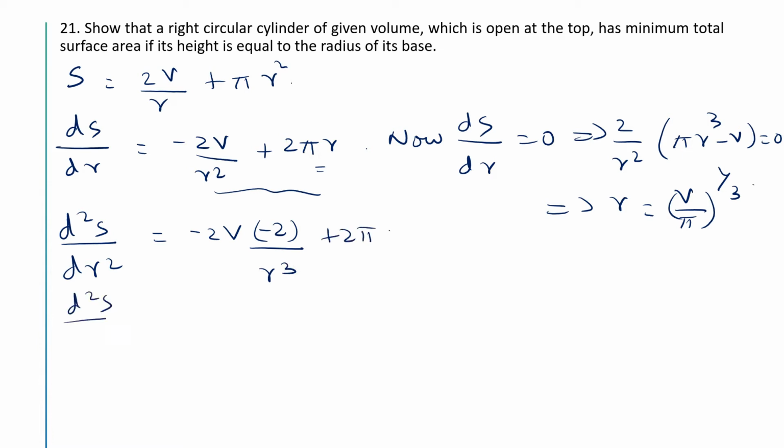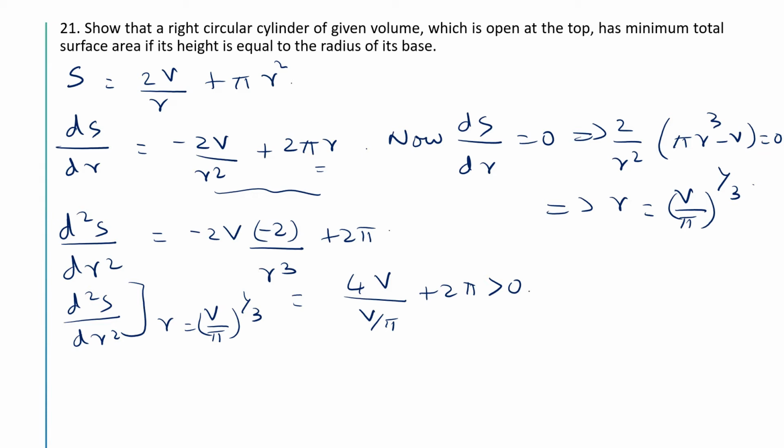So d square S by dR square at R is equal to V by pi the whole raised to 1 by 3 is 4V by V by pi plus 2 pi. This is greater than 0, which means R is equal to V by pi whole raised to 1 by 3 is a point of local minima.